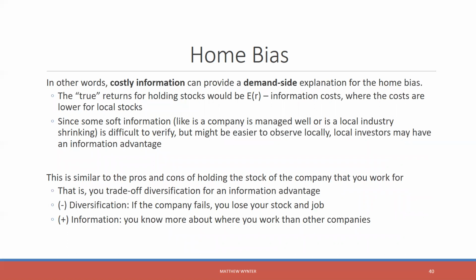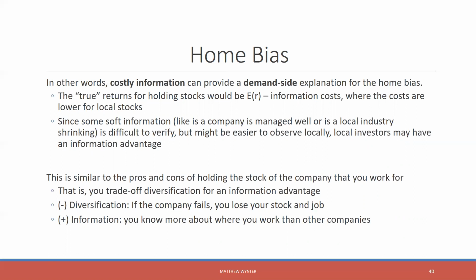So if you're a local investor, you may have an information advantage. You may have access to this soft information that's tough to prove, but you know it when you see it, and you use that to inform your portfolio decision.